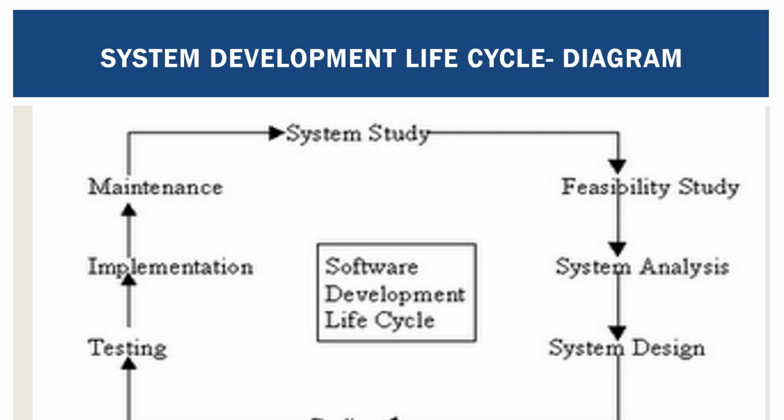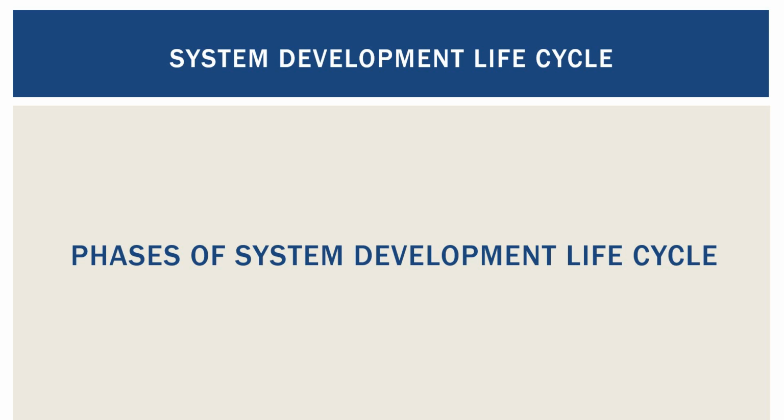We're going to look at each stage, not in that much detail now, because later on we'll look at all these stages in detail, as each may represent a unit or a chapter on its own. But for now we want to understand the system development life cycle and the methodologies before we look at everything involved in design. Now let's look at each phase in turn, and then we go on to look at the methodologies.